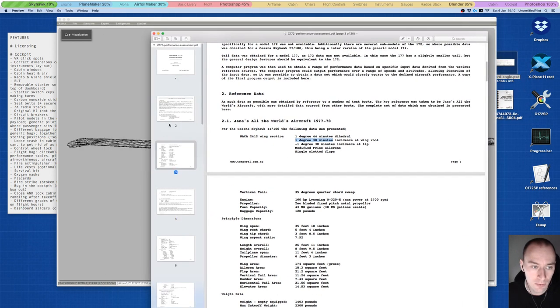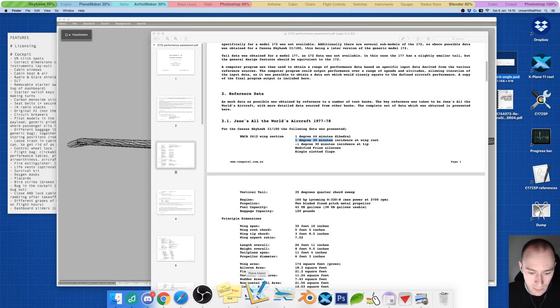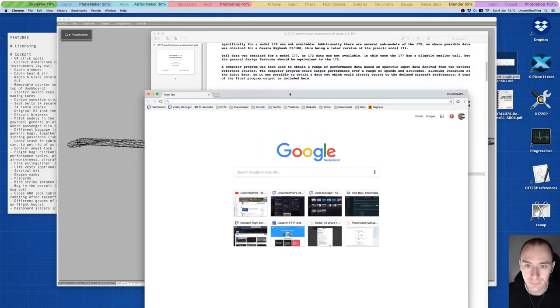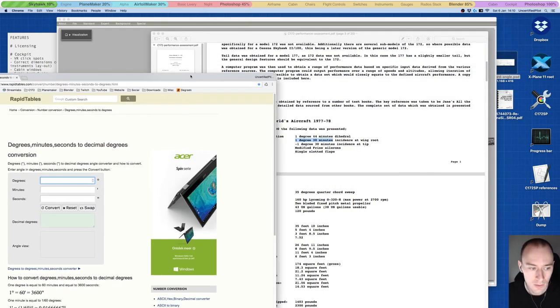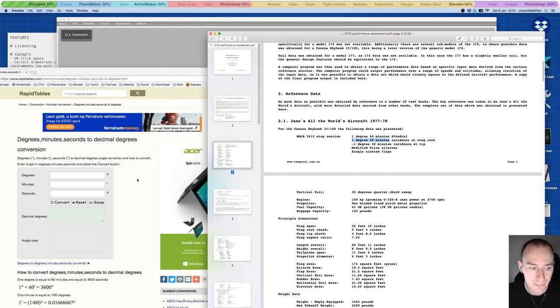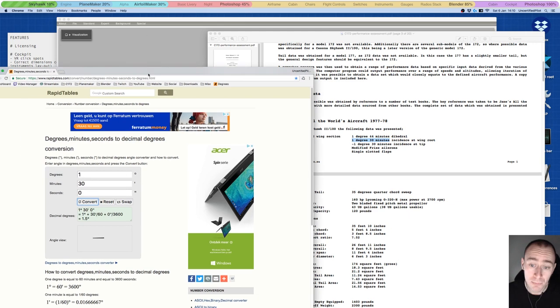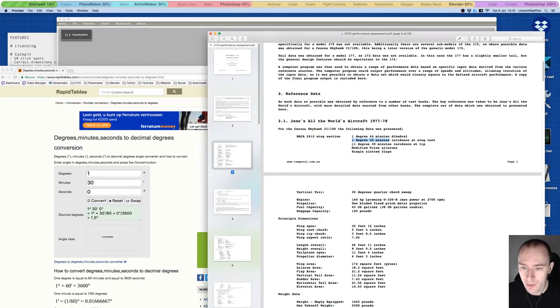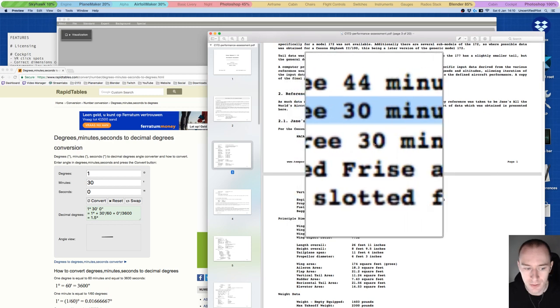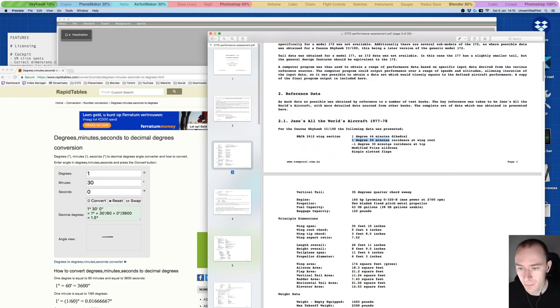Let me see what it already was. Let me convert that. That's 1 degree, 30 minutes, 0 seconds then. Convert. That's 1.5 degrees. And as you can see at the tip of the wing, it will be minus 1.5 degrees.